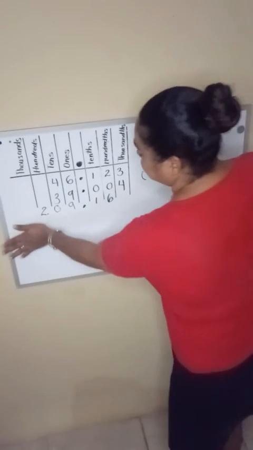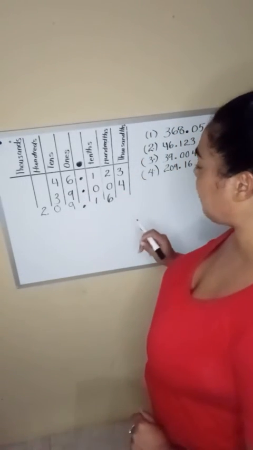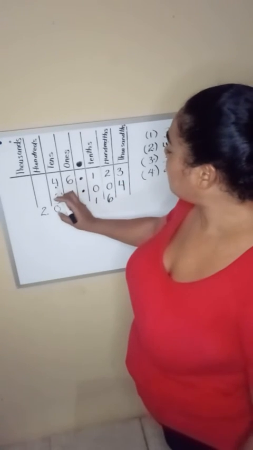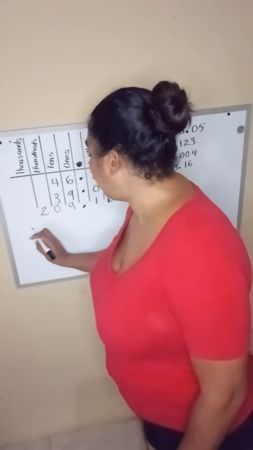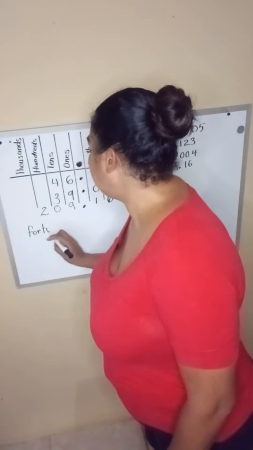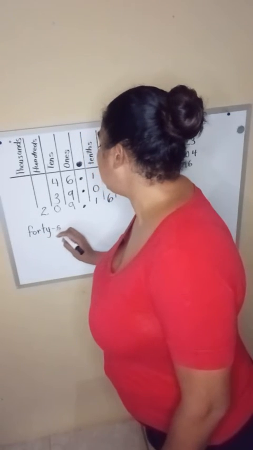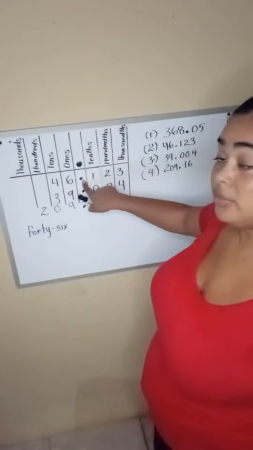All right. Let's do this first one on top here. We have 4 and 6 is what? 46. So we're going to write 46. What is the decimal?